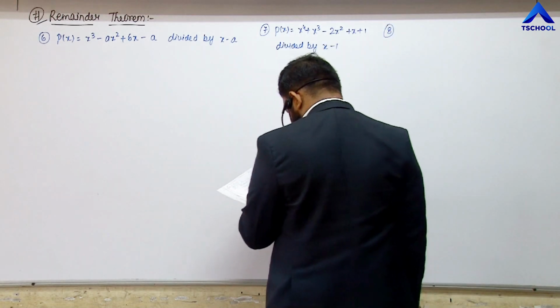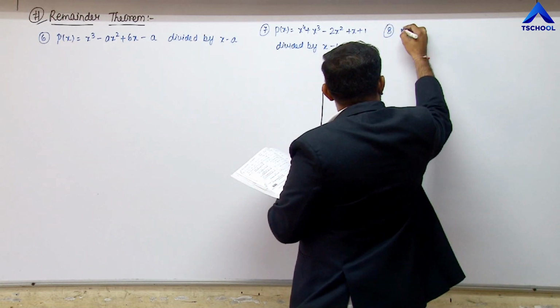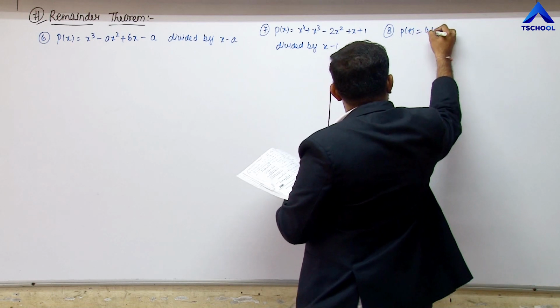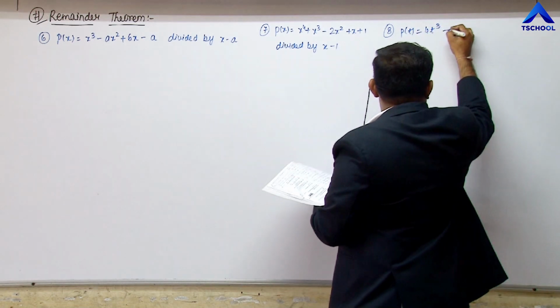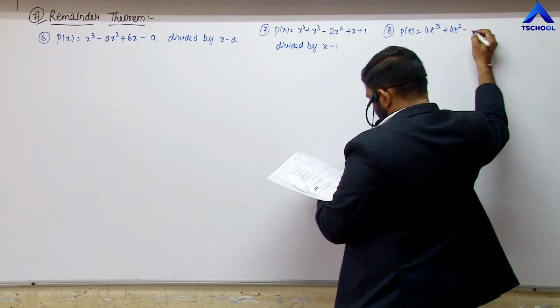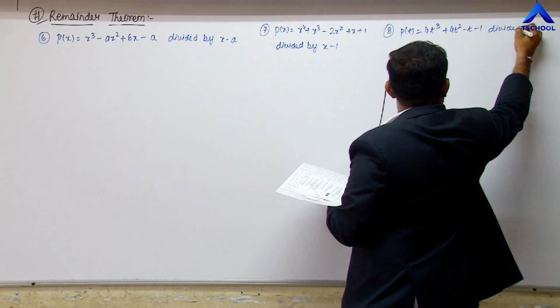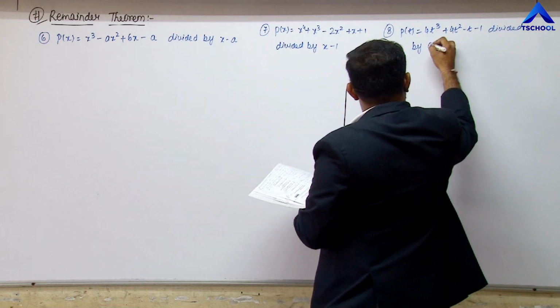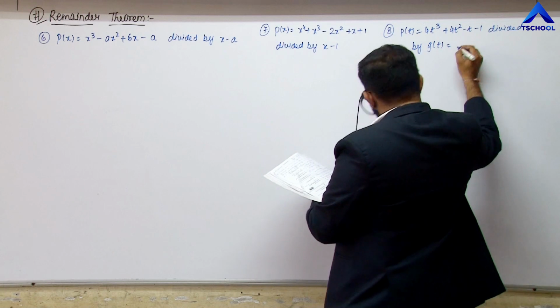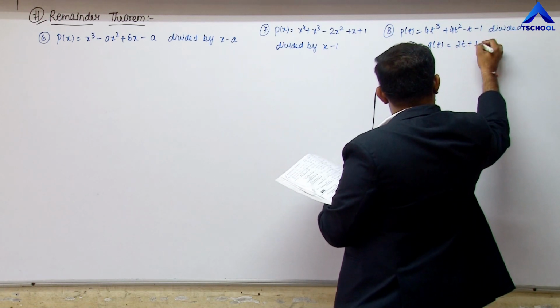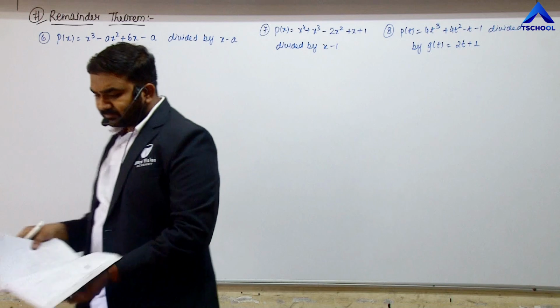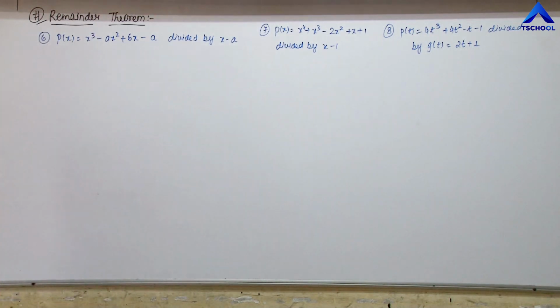And the eighth one, p of t equals 4t cube plus 4t square minus t minus 1, divided by g of t equals 2t plus 1. We need to find the remainders in each of these three cases by the use of the remainder theorem.